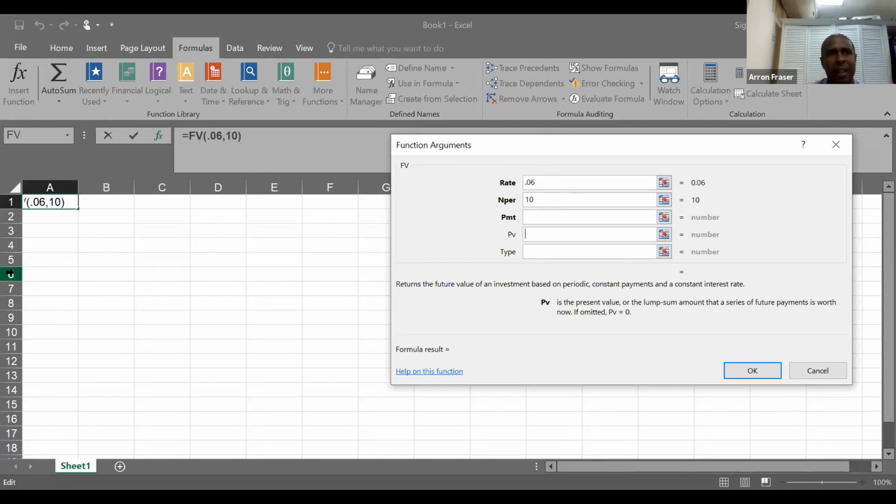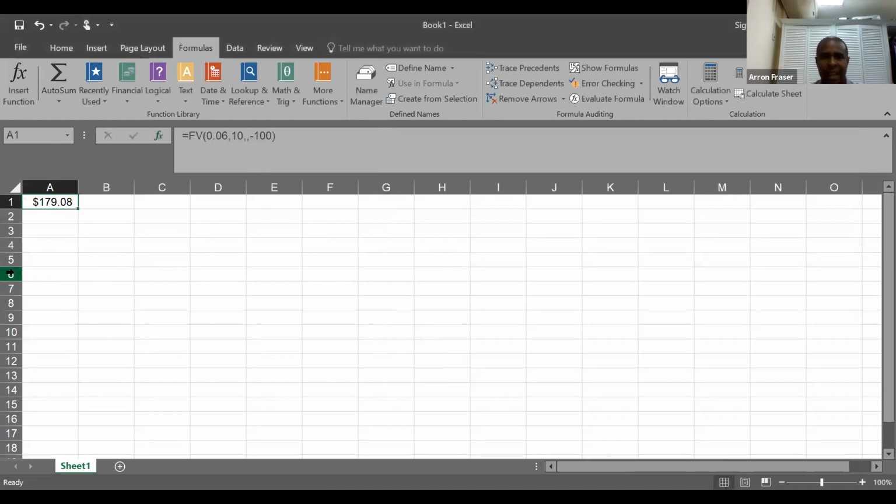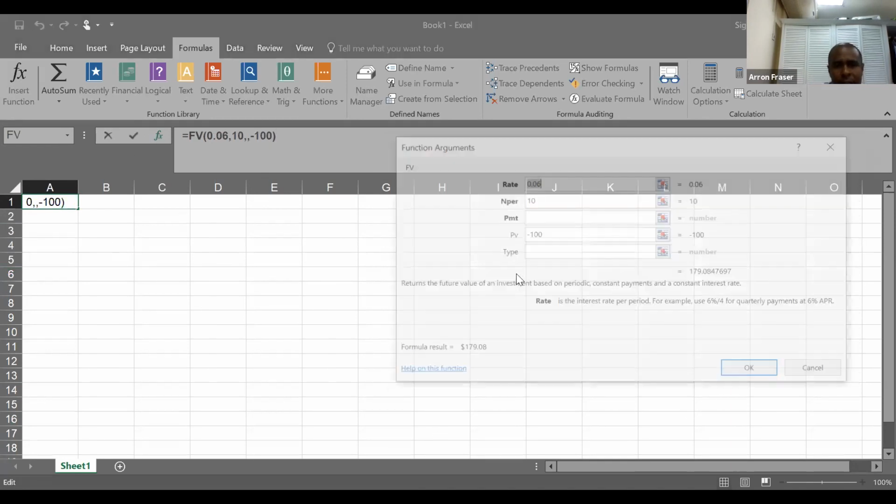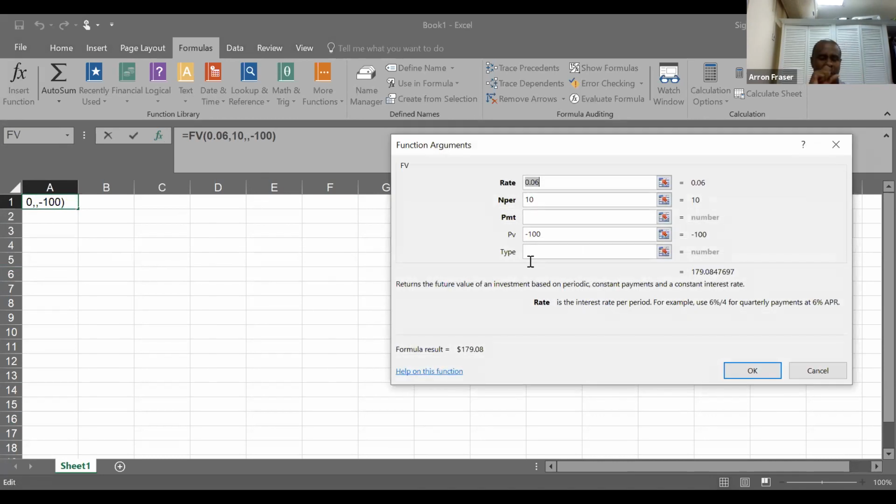Remember when I said we invest, then it is an outflow. So it's minus 100, and that should give you a value of $179.